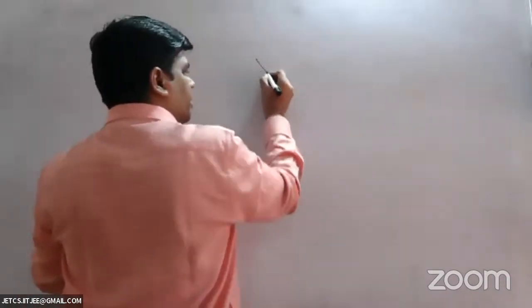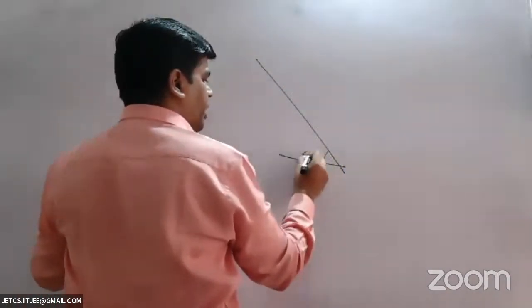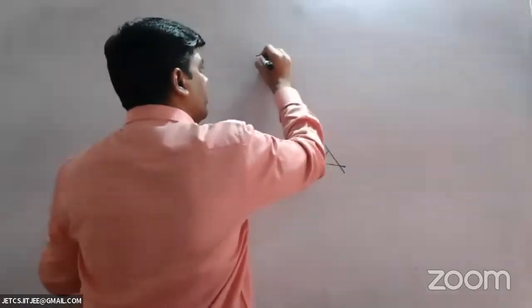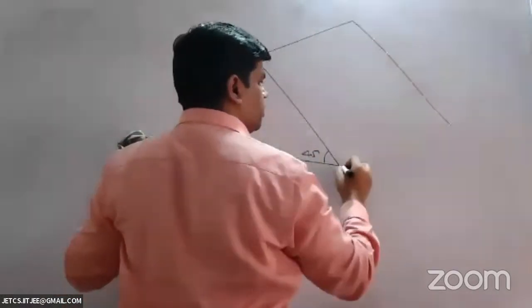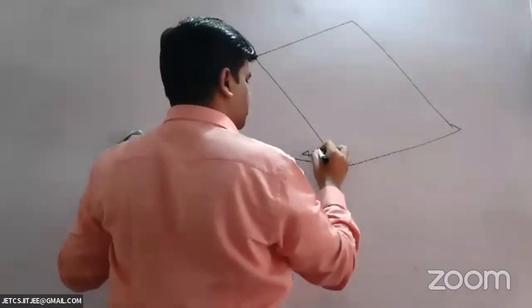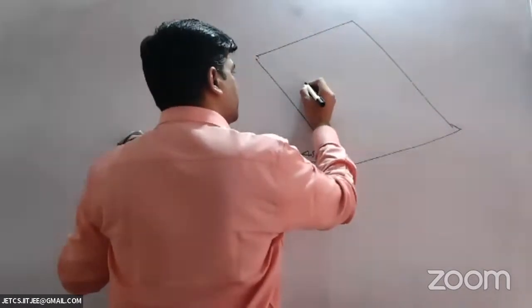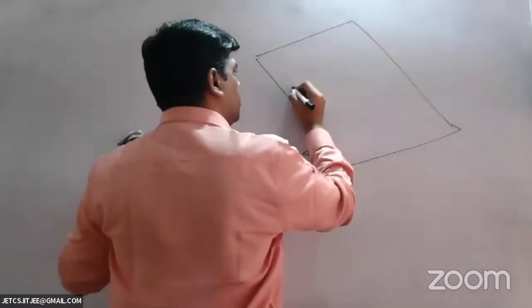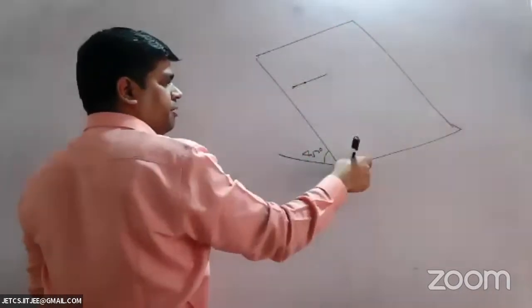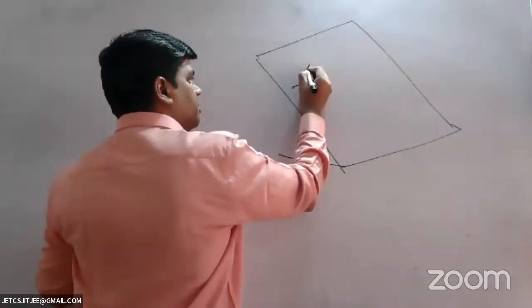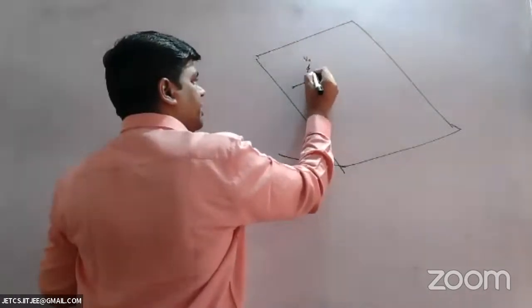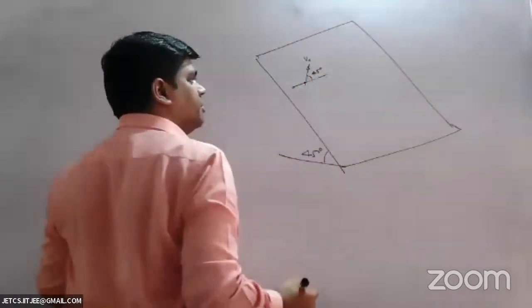There's an inclined plane. Angle of inclination is 45 degrees. On this, there's a particle projected with respect to a line parallel to the base at velocity v naught at an angle of 45 degrees.